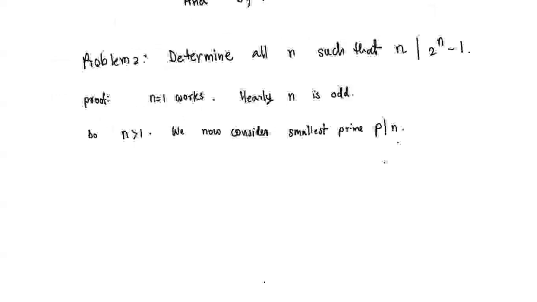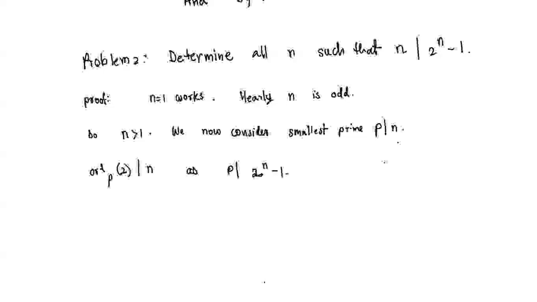Yeah, I see where the contradiction comes. So we know that the order of 2 mod p divides n, as p divides 2 to the power n minus 1, by the lemma.